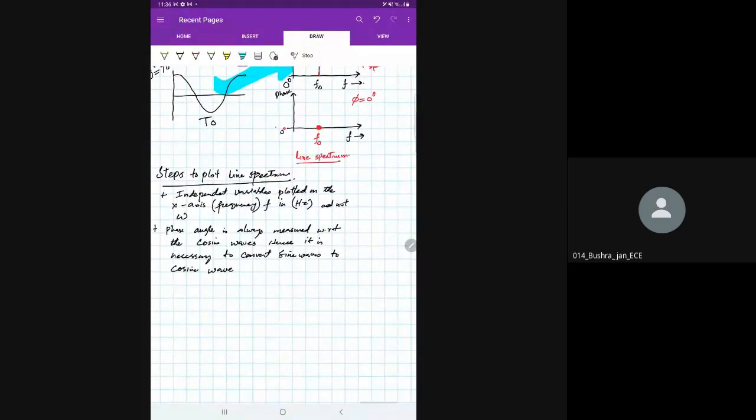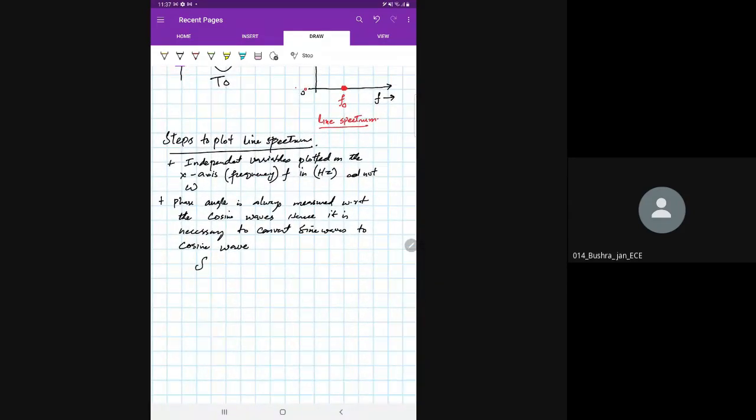If your signal is given to you in the form of sine wave, then it is necessary to convert that sine wave first into the cosine form. So for example, I have a sine wave, x of t is equal to sine omega t.